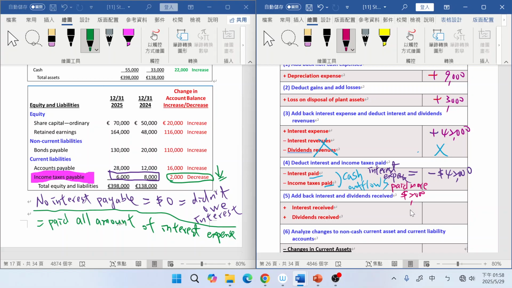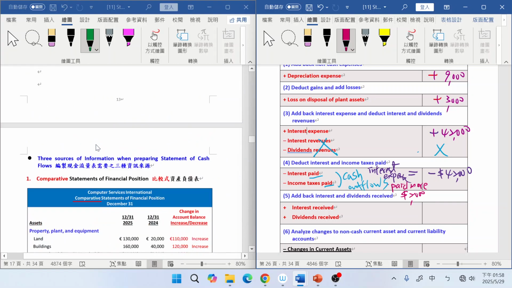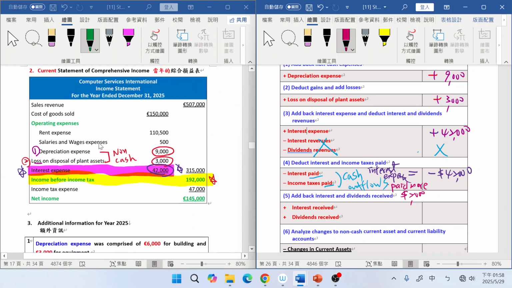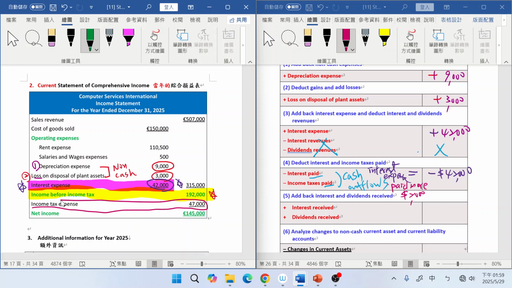So you should go back to your income statement here. What's our income tax expense? $47,000. So based on this year, this period, I have income tax expense $47,000. But I pay more, right?